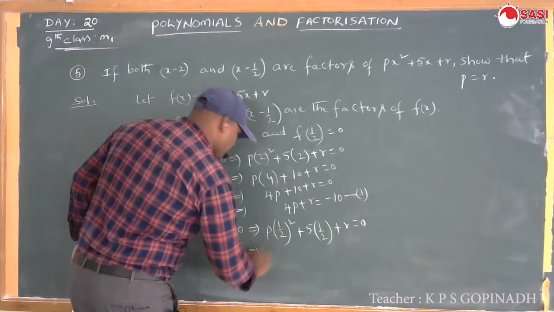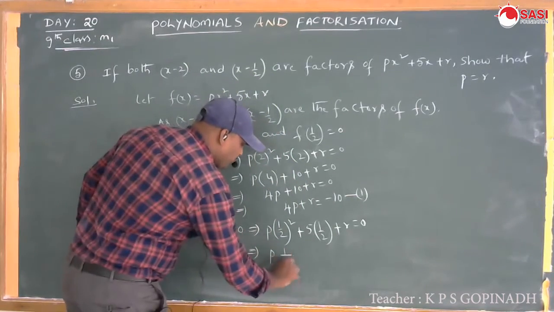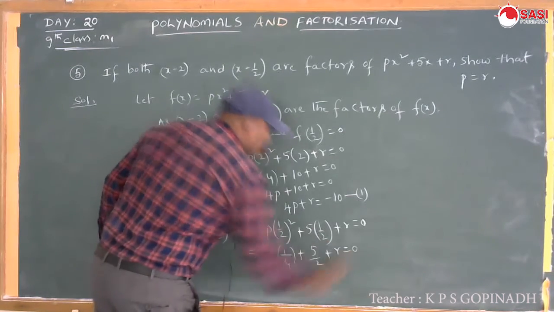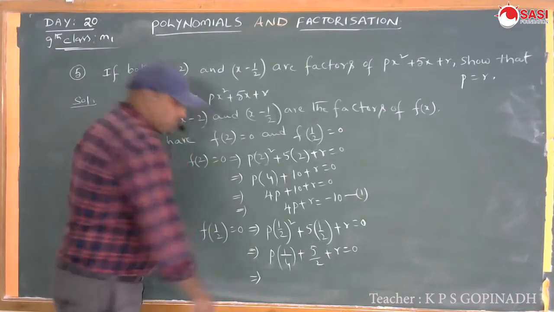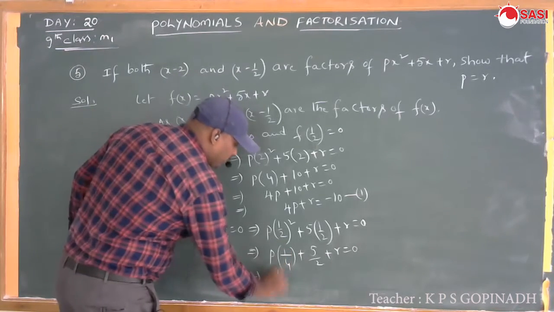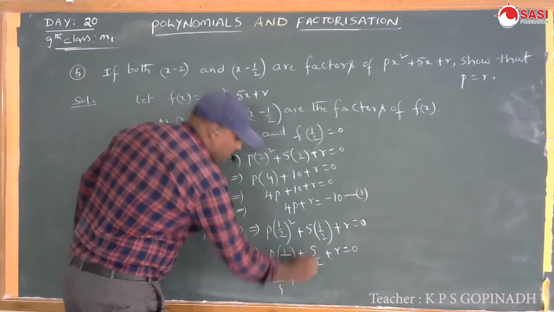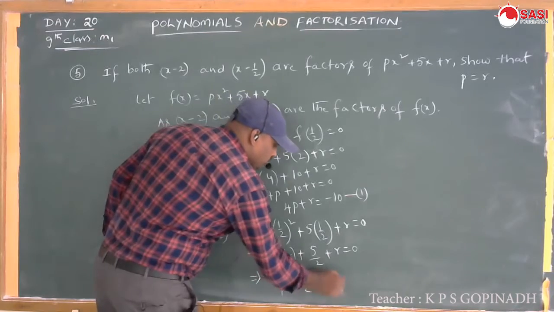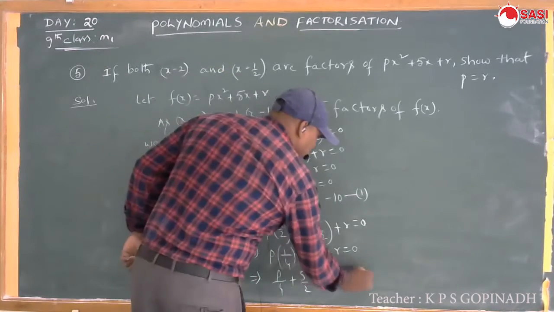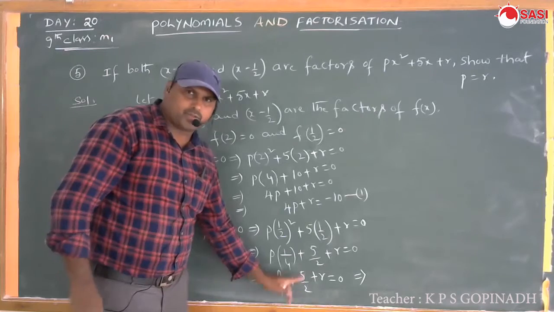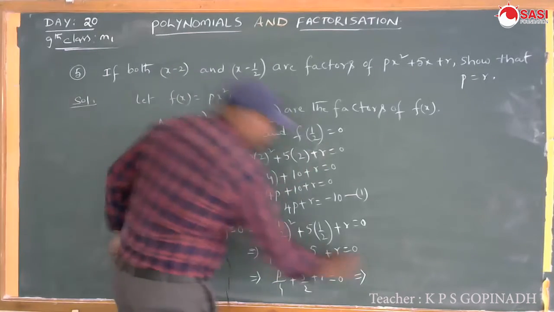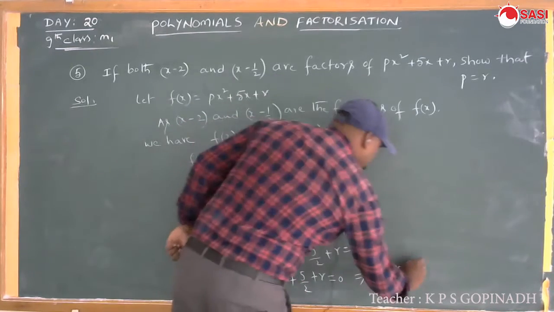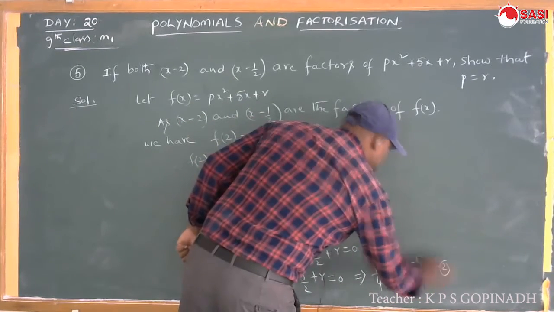That implies p by 4 plus 5 by 2 plus r is equal to 0. Here the constant 5 by 2 is there, so I have to send it from LHS to RHS. So p by 4 plus r is equal to minus 5 by 2, which is the second equation.